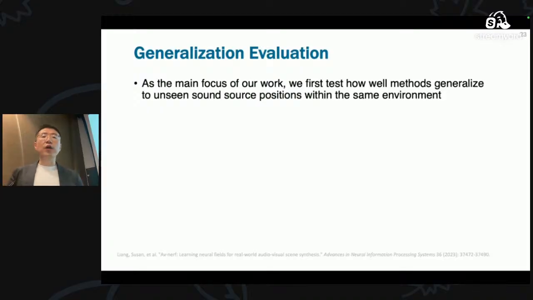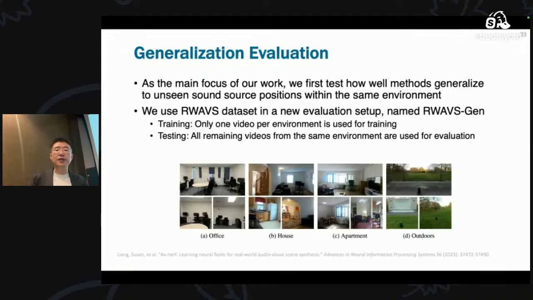So now we're going to evaluate this work. The focus of this evaluation is to see how your method can generalize to unseen sound source prediction within the same environment. How we're going to evaluate it is we're still going to use the same data set we collected before for the first exploration.